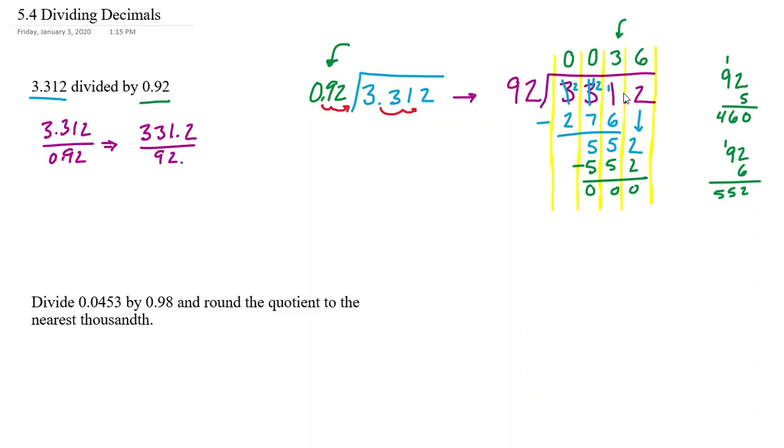And so we need to remember those columns. We need to keep or maintain the decimal place right where it was. So the decimal point was there. It needs to be there in my answer. So 3.6 times is the answer, 3.6. And that is long division with decimals.